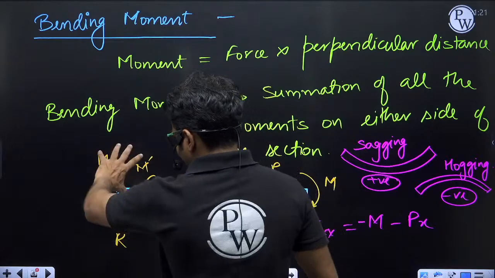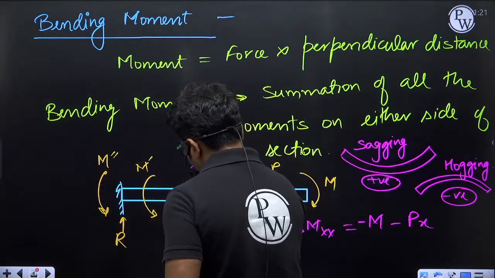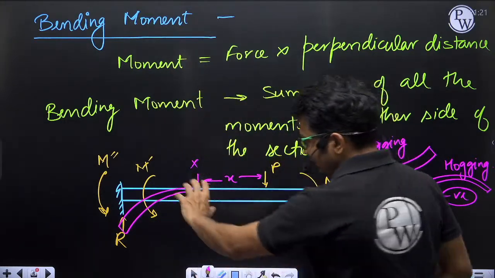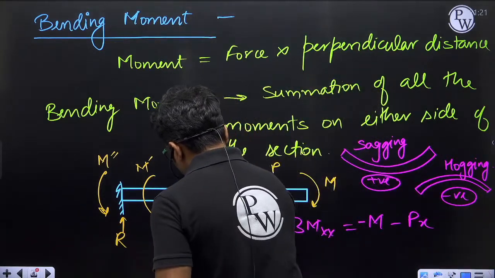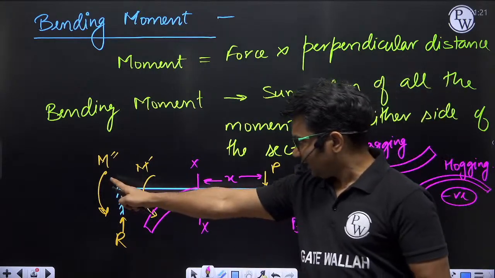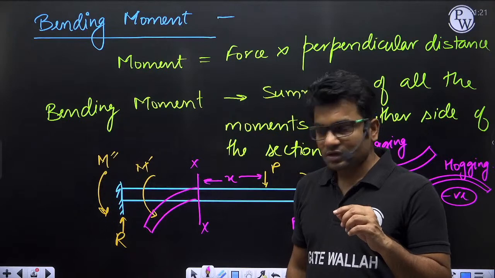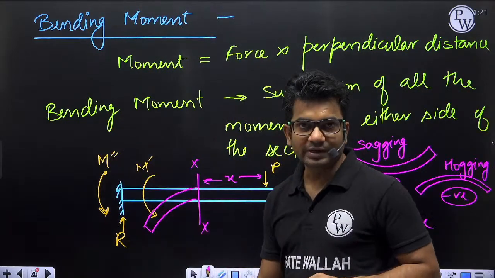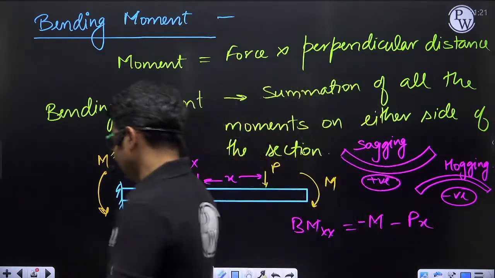M double dash will give me negative, because M double dash has a tendency to bend this beam like this. And M dash is also giving me negative. So M double dash and M dash both are giving negative, that means hogging bending moment, and R is giving sagging bending moment, positive. Clear? So the sign convention is also clear, I think.